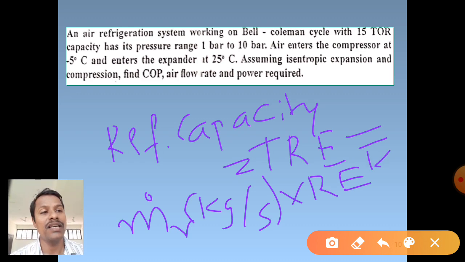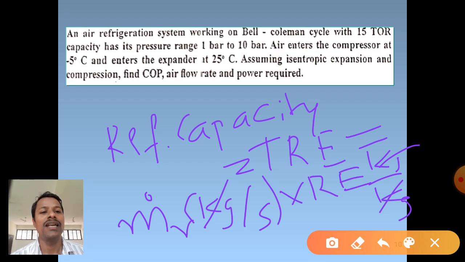Refrigeration effect is kilojoule per kg. So kg cancels here, and kilojoule per second is kilowatt, that is the refrigeration capacity, the total refrigeration effect.